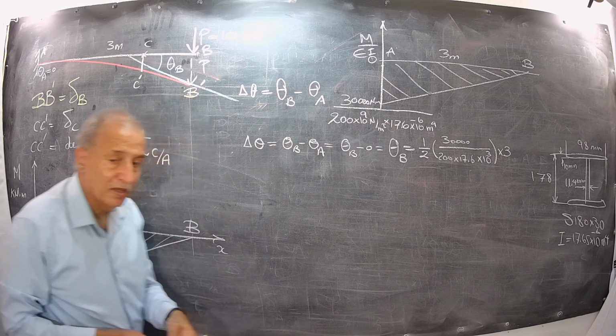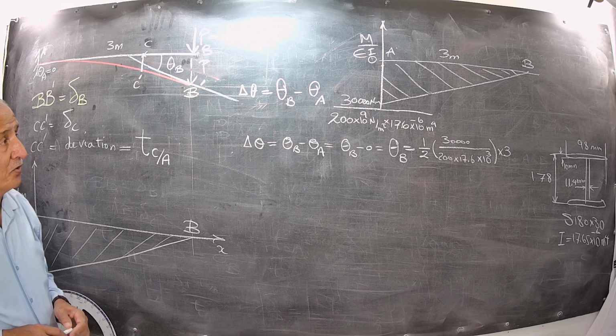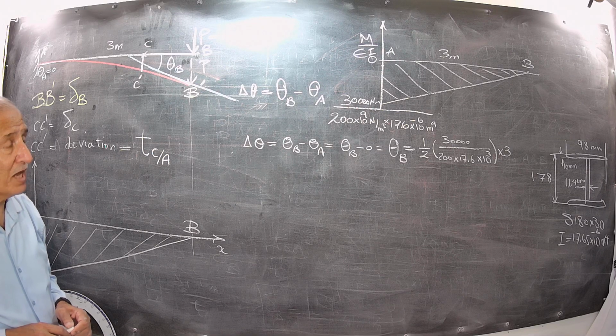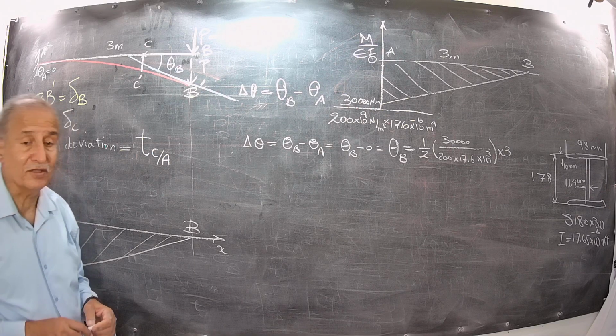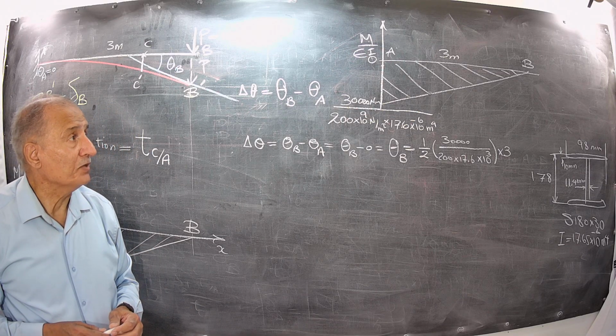Okay? This is the first theorem for the moment area method that shows you the difference between tangent lines.